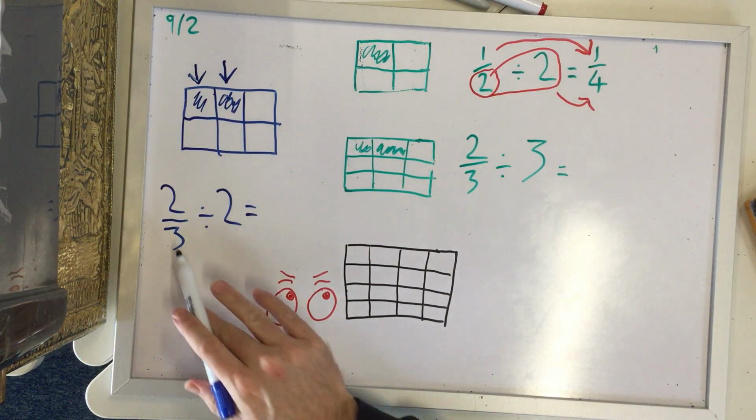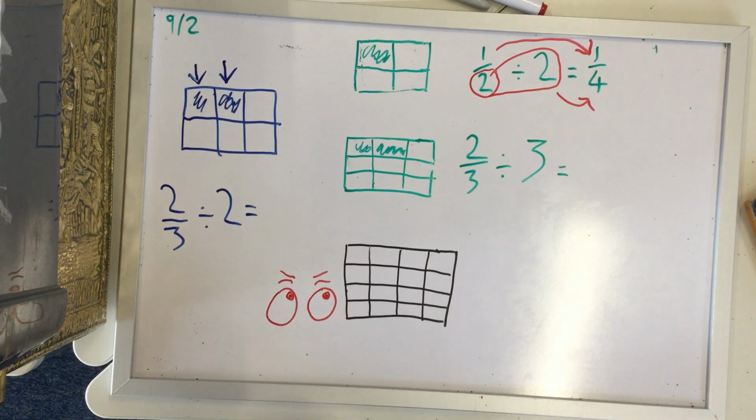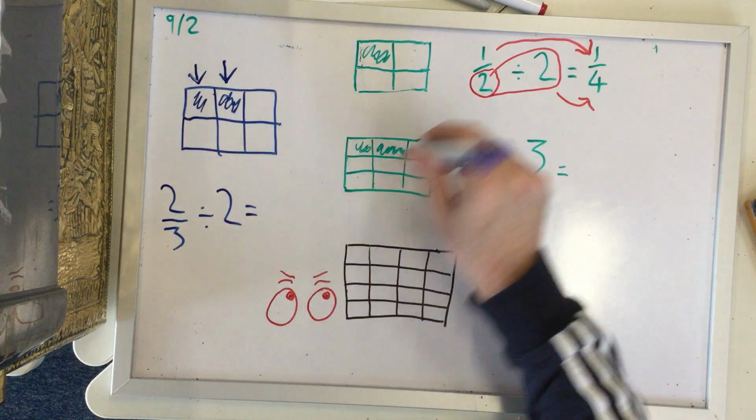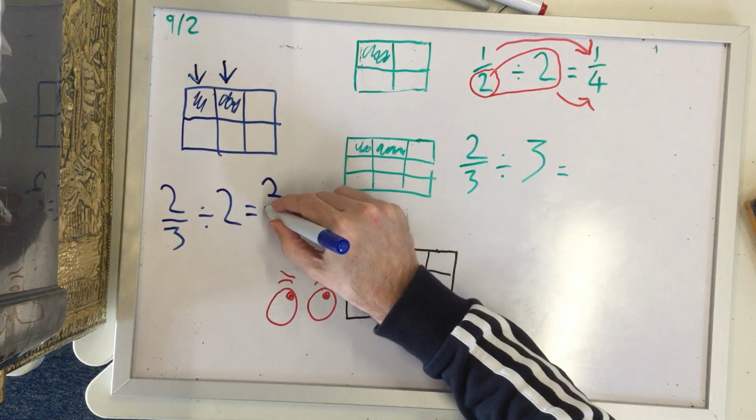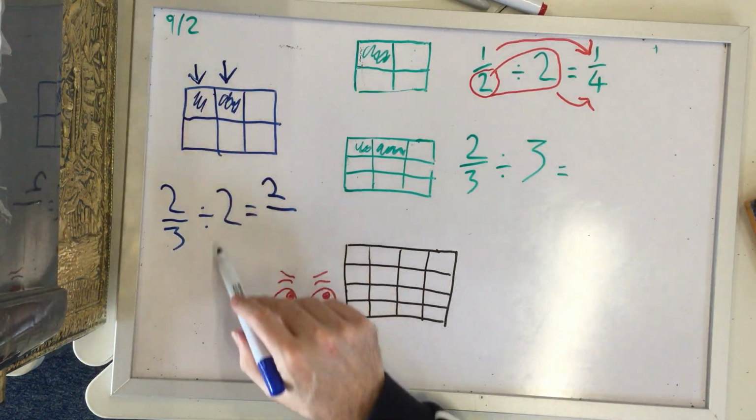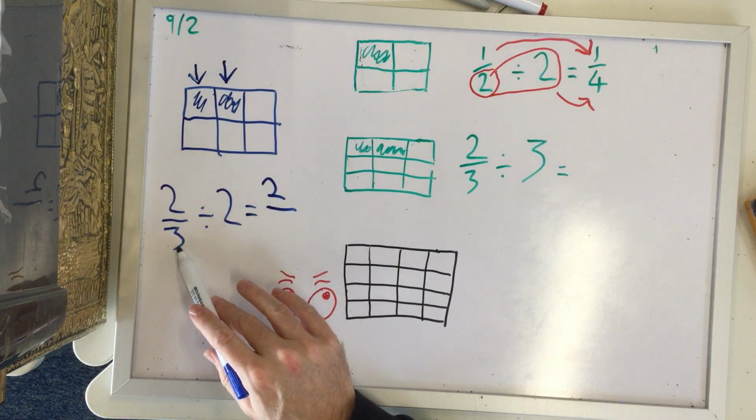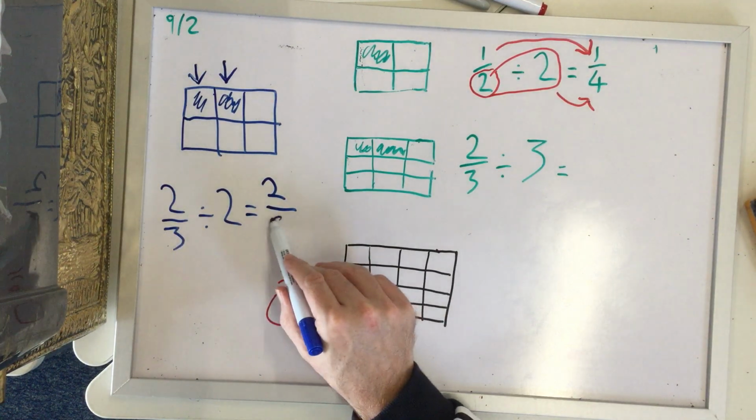Okay. So, if we look back at our calculation here, 2/3 divided by 2, we still have 2 parts, but now, because we divided it by 2, the actual parts in the whole are now 6.